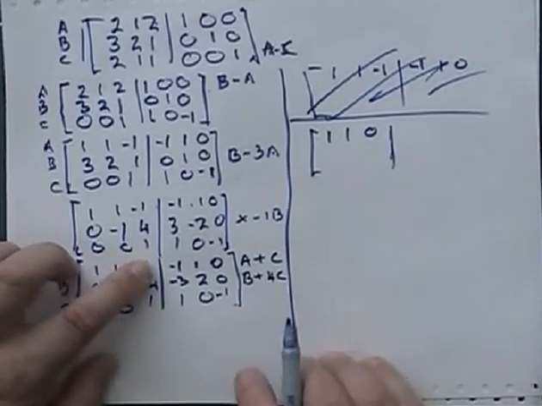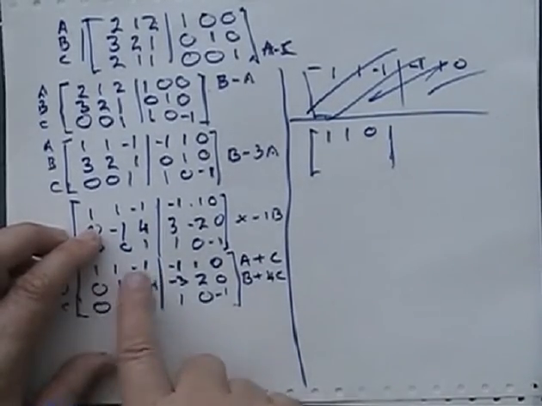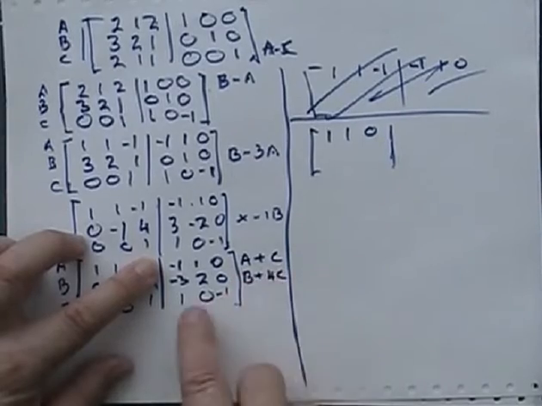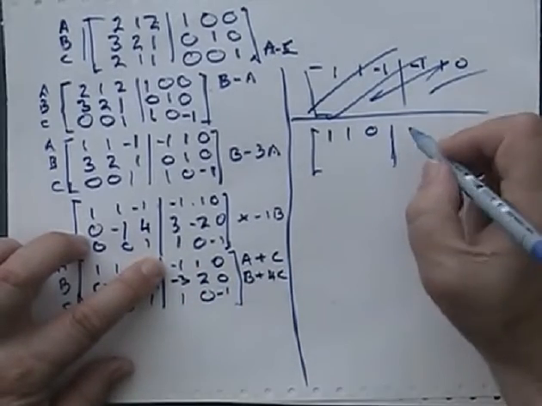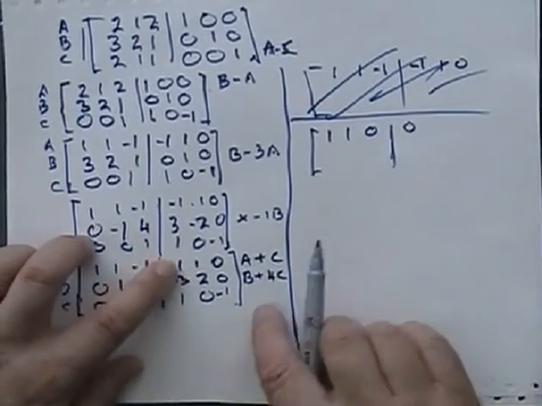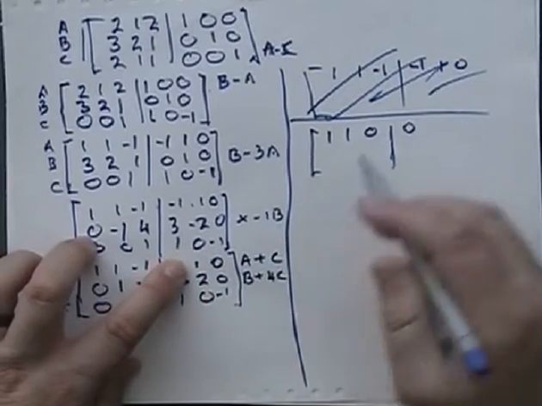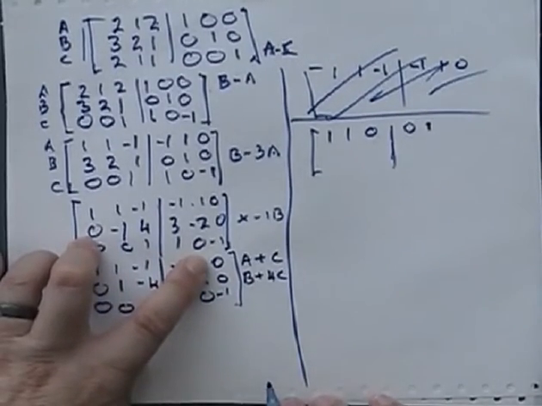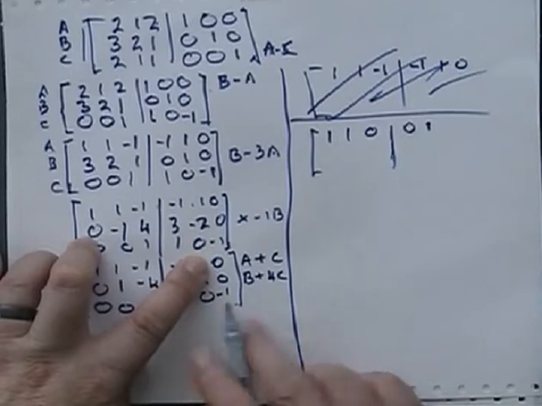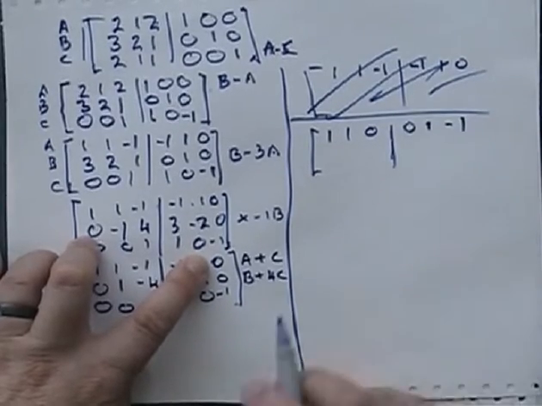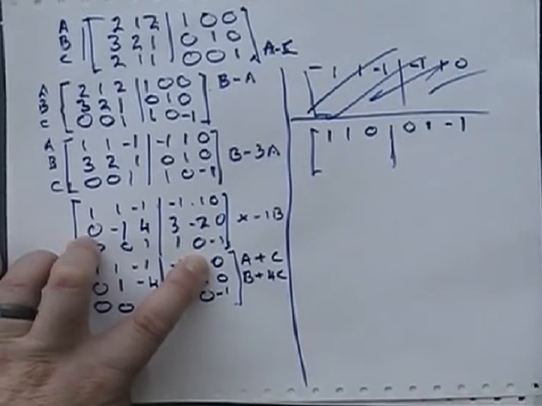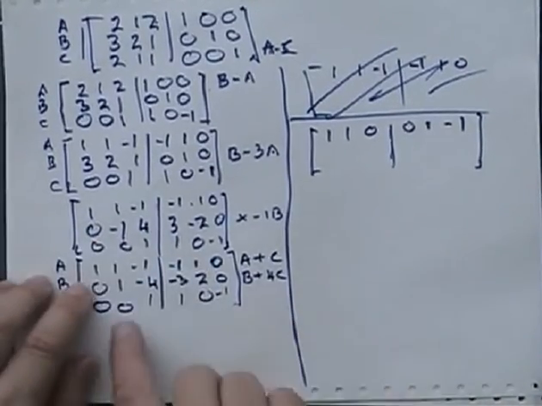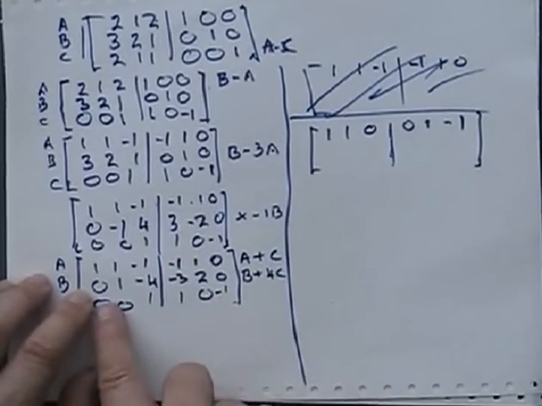And on this side, remember what I do to this side of the equation, I must do to this side. So we have A plus C, negative 1 plus 1 becomes a 0, 1 plus 0 remains a 1, and 0 plus negative 1 becomes negative 1. That's much better.